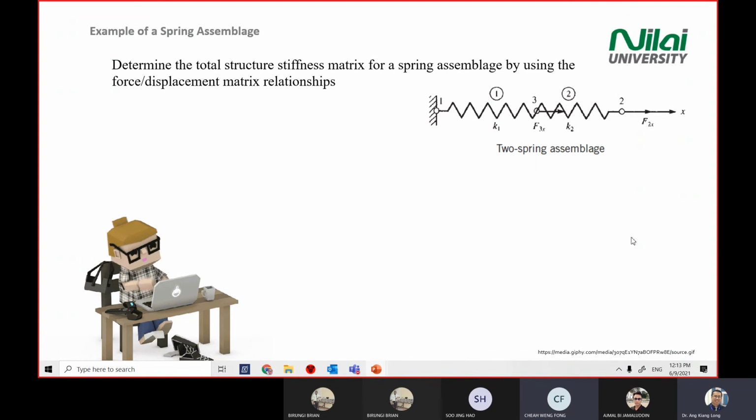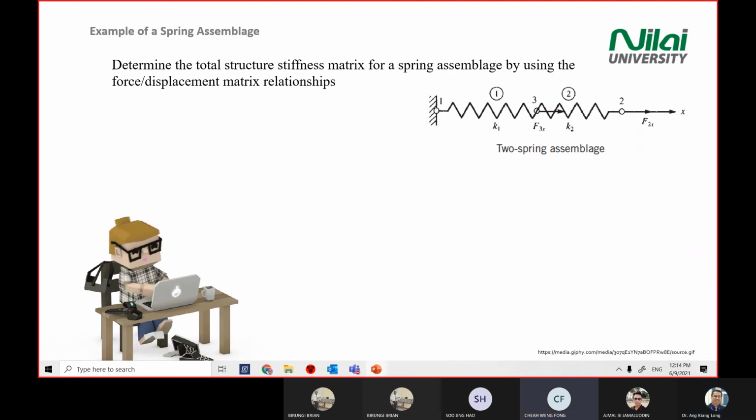Just to test whether you understand or not, by looking at the diagram on the right hand side, spring number 1 is connecting which point?